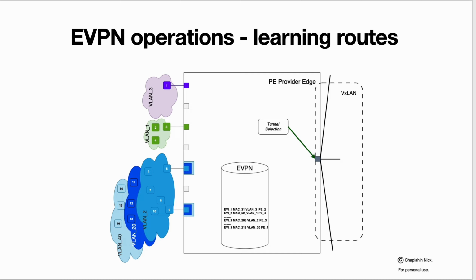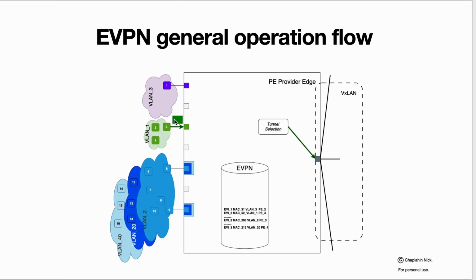And now EVPN operations, how this information is used. Imagine we need to send some packet to some specific device behind a different provider edge. This packet will have a MAC address, this packet will have some VLAN.